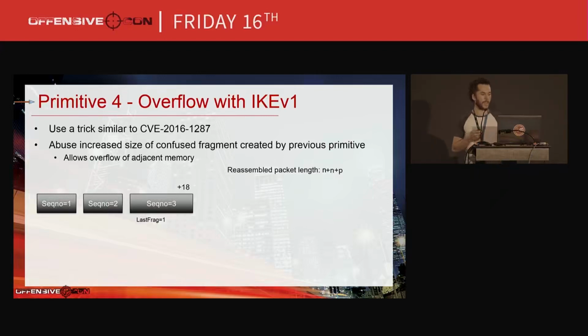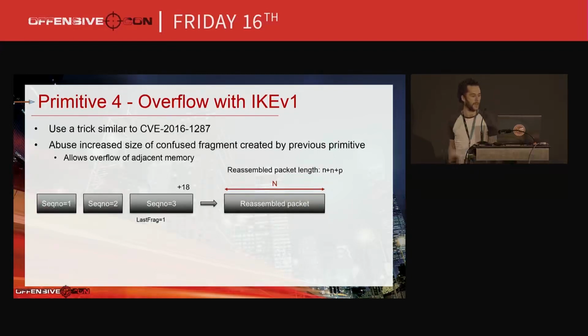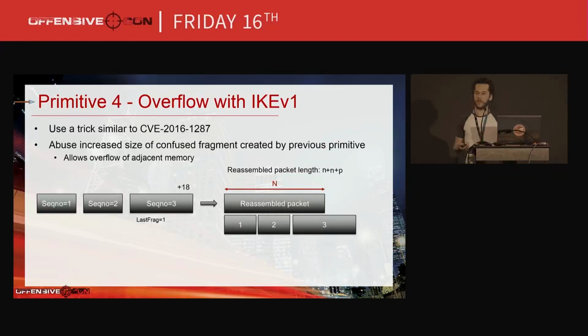It's going to reassemble the packet with a fixed size, capital N, which is N plus P. But then it copies the different fragments, and one of them is larger, so we end up overflowing some memory on the heap and doing a heap overflow. That's our fourth primitive, overflowing the heap.